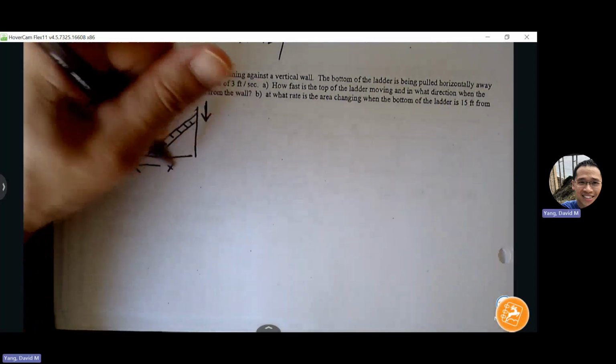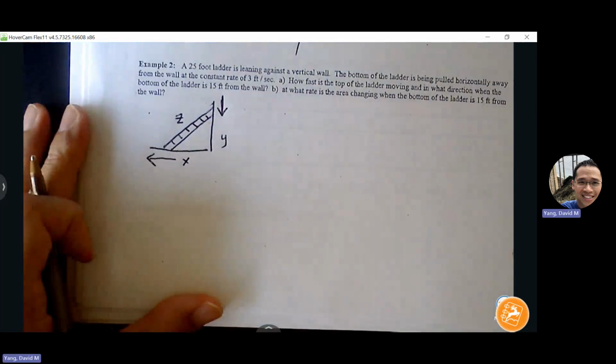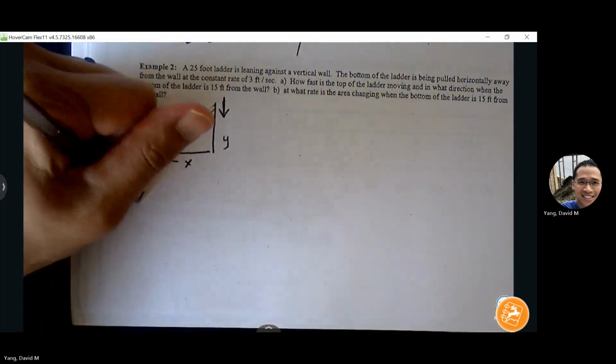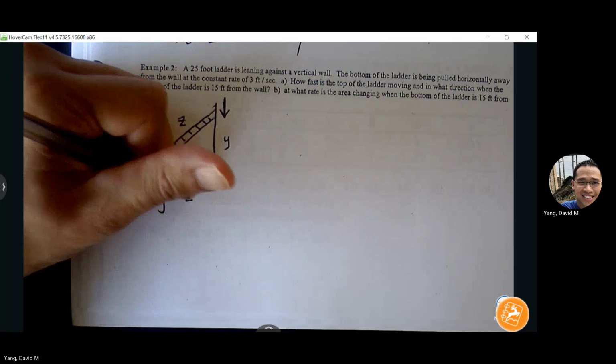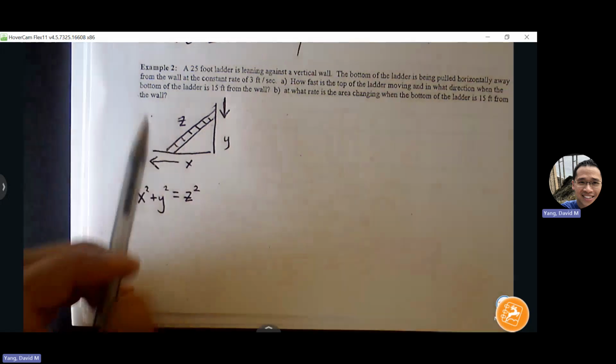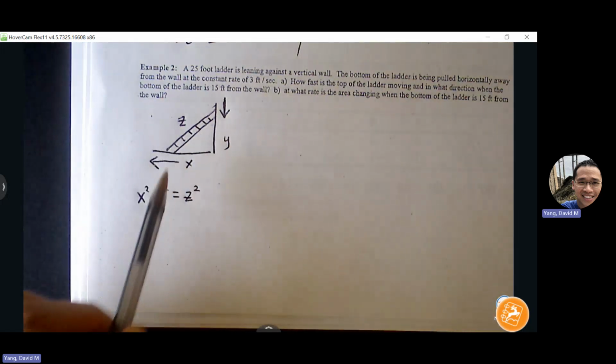I'm going to call this x, call this y, and then I'm going to call the hypotenuse c. x squared plus y squared equals c squared. That is the equation that's going to relate to the ever-changing sides of my triangle.